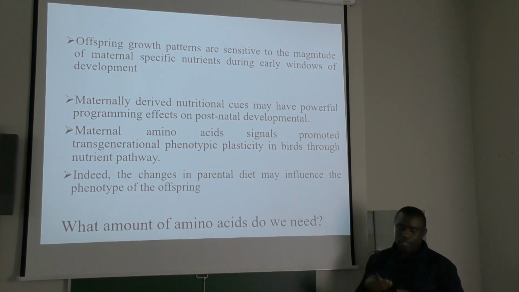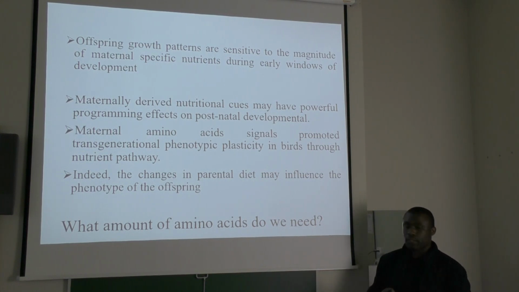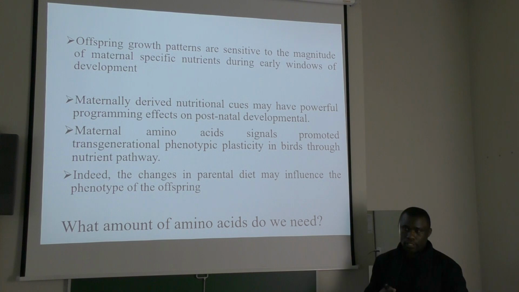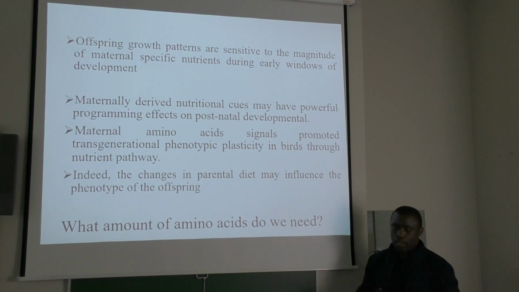So the reflection is that the magnitude of the maternal effects, maternal specific nutrients, once allocated to the eggs in the early stage of development, during this sensitive window of development, there is a chance that this effect will be progressing towards the post-natal development.